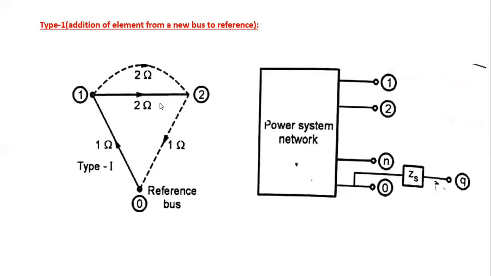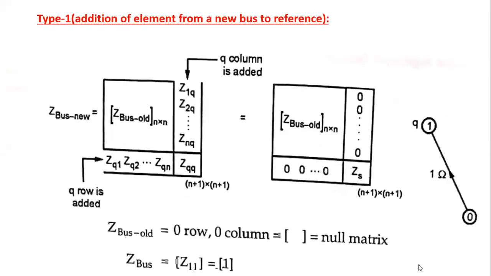First, taking the 1 ohm, that 1 ohm is added between the reference node and the new node. This is the reference node and this is the new node. The element, that is 1 ohm, is added between the reference node and the new node.